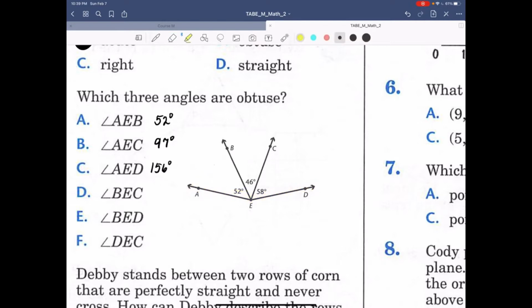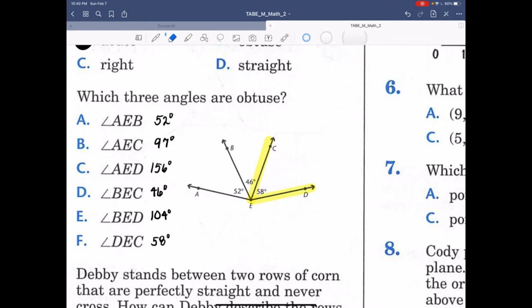Angle BEC, B to E to C, that's 46 degrees. Angle BED, B to E to D, that's 46 plus 58. So that's what? 8 plus 6 is 14. Carry 1, 104. And then DEC, D to E to C is 58 degrees.